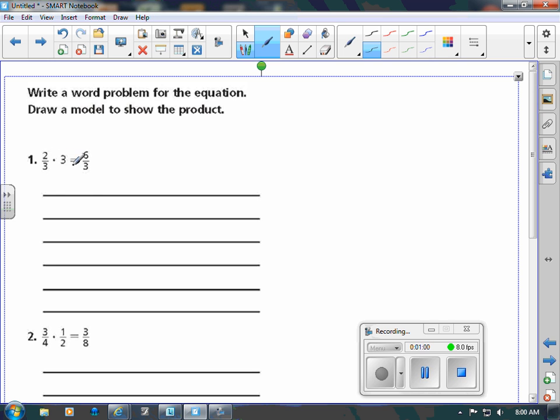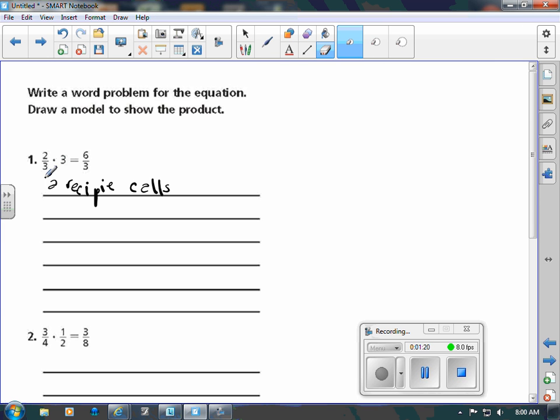So 2/3 times 3. It's like saying, oh, let's say a recipe calls for, there's no I here. Do a little erasing there so my spelling's correct. Calls for 2/3 cups of sugar.